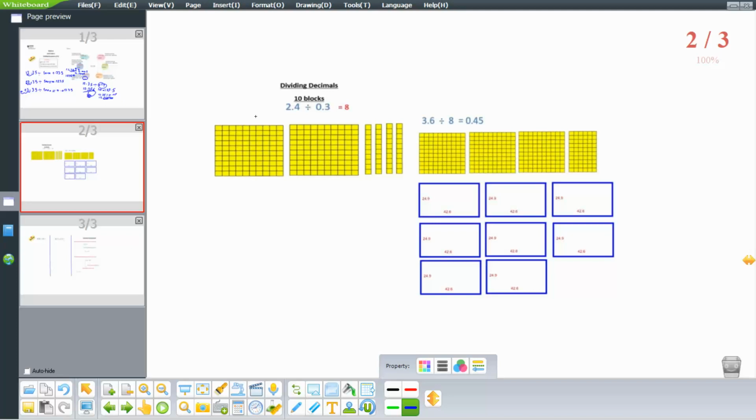How many tenths do we have here? We have 24 tenths. So all of these are 24 tenths.